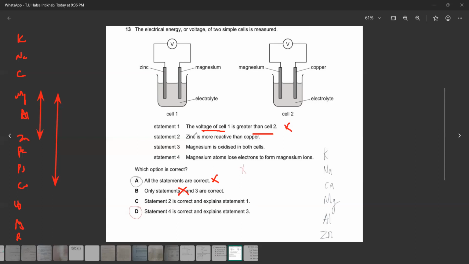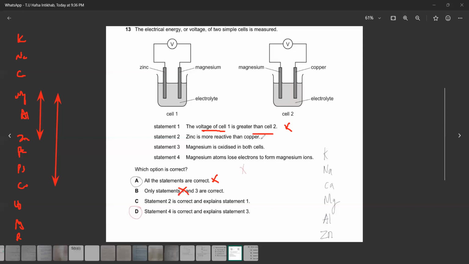What about statement 2? Statement 2 is that zinc is more reactive than copper.